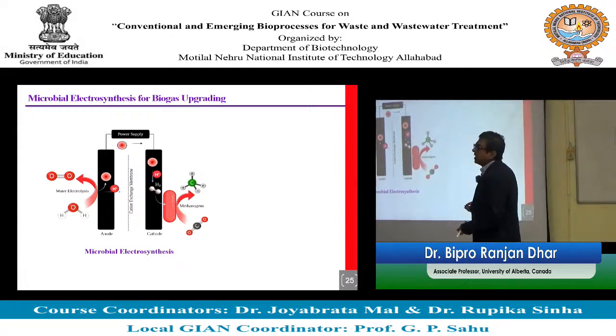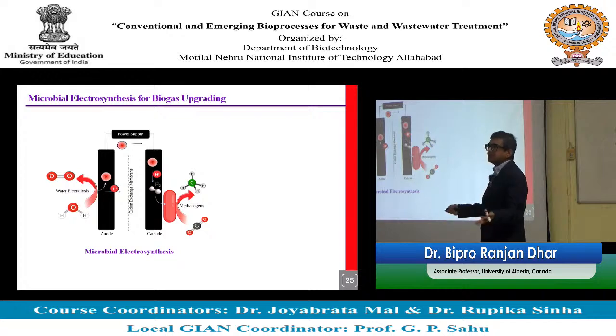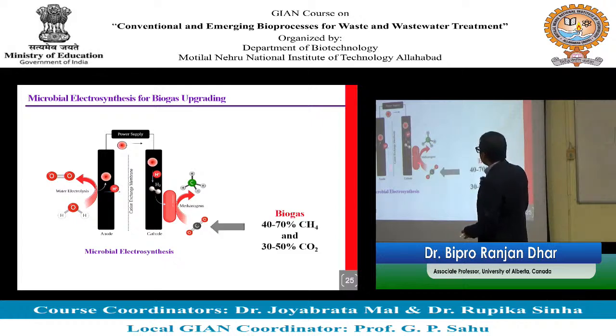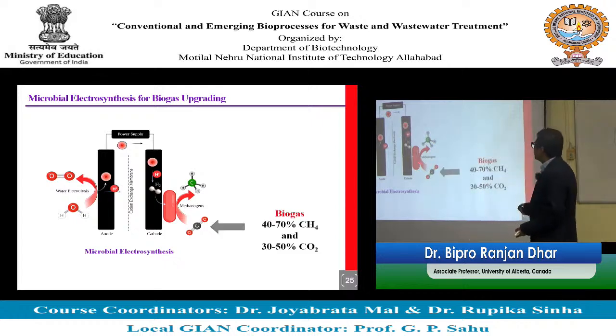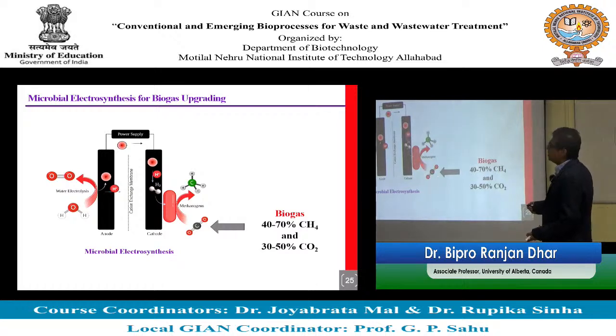You can have a water electrolysis reaction at the anode that releases electrons, and the electrons are transferred to the cathode surface, where you have methanogen, same as the MEC-AD system, but here it's separated by a membrane. And if we provide biogas, those hydrogenotrophic methanogen also need carbon dioxide.